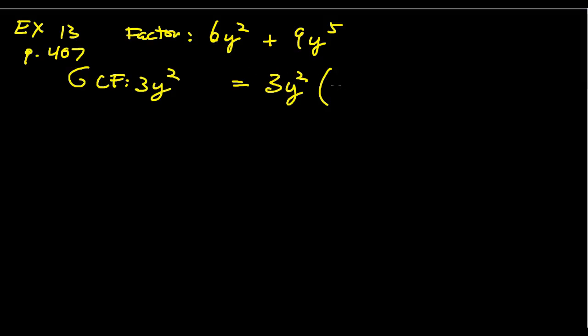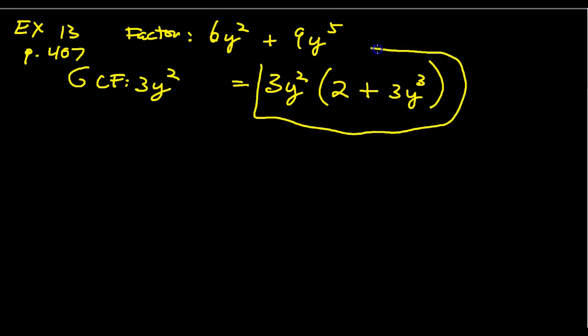Well, if I factor out a 3y squared from 6y squared, I'm left with a 2 in the first slot. And if I factor out a 3y squared from 9y to the fifth, I'm left with 3y cubed. Again, you can check your answer by multiplying. I won't take the time here. I'll just say this is my final answer, 3y squared times 2 plus 3y cubed.